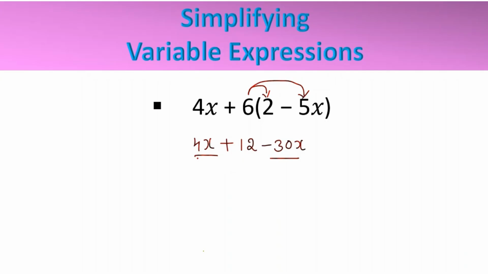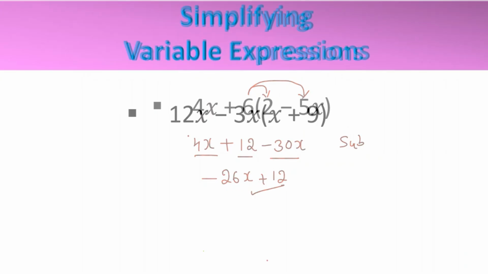Since there is one positive value and one negative value, we need to subtract them, keeping the negative sign for the answer. 30 minus 4 gives 26x, plus 12 comes as it is. Thus, the simplified form for the given expression is negative 26x plus 12.